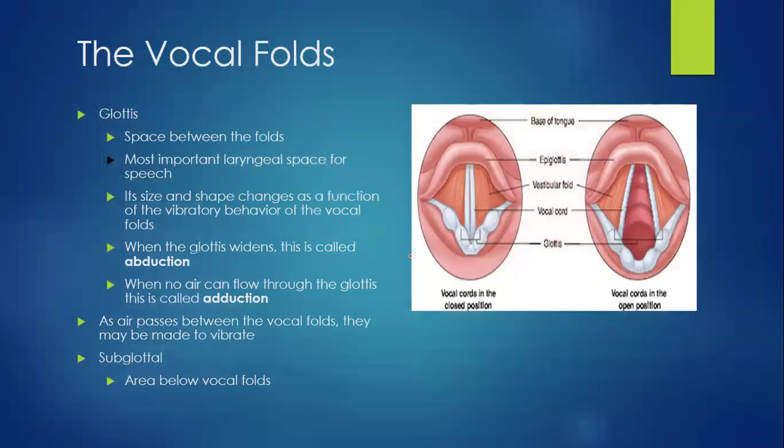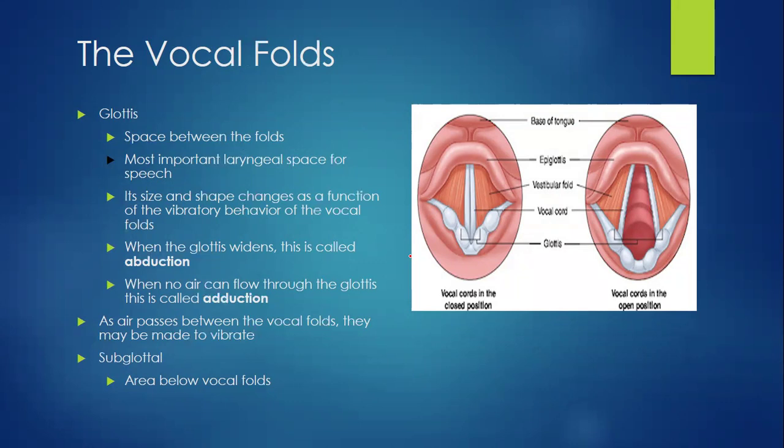So also know the glottis. The glottis is just the space between the vocal folds. That's all that is. And it is the most important laryngeal space for speech. The reason why the glottis is the most important laryngeal space for speech is that when you close the vocal folds, you're able to build what we call subglottic pressure.